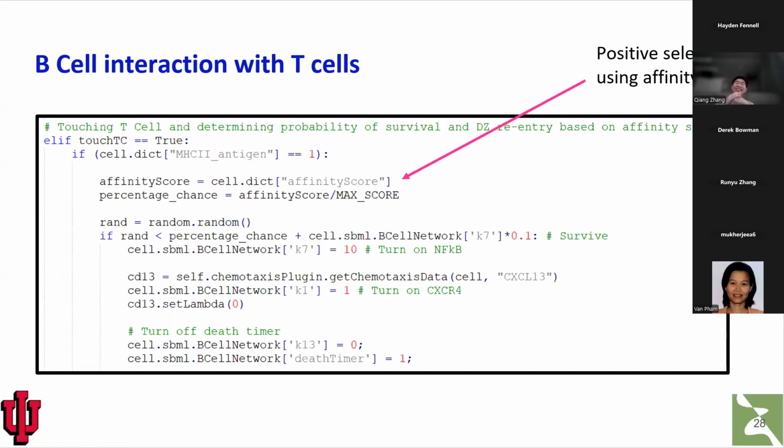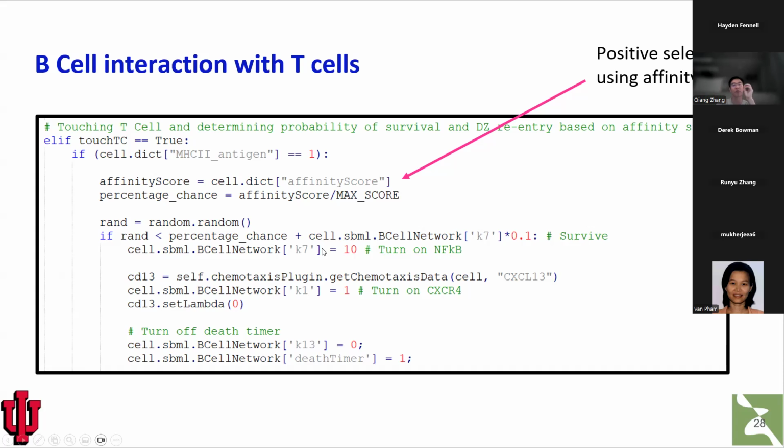And then with that obtained affinity score, the next thing the model will be doing is checking whether the B cell will be in contact with the T cells. Depending on that particular score, that will in turn determine the probability the cell will survive, which means we'll turn on the NF-kappa B signaling pathways.